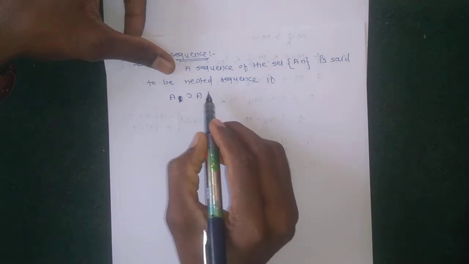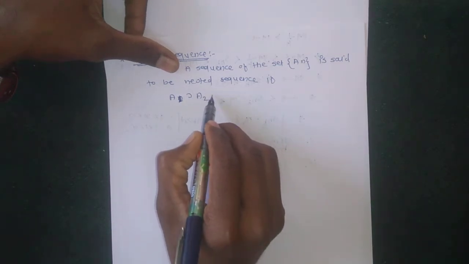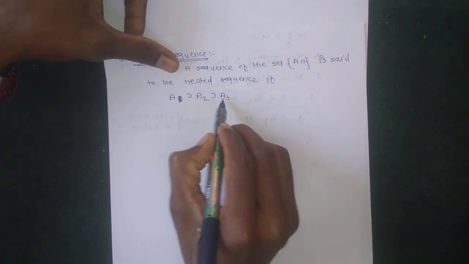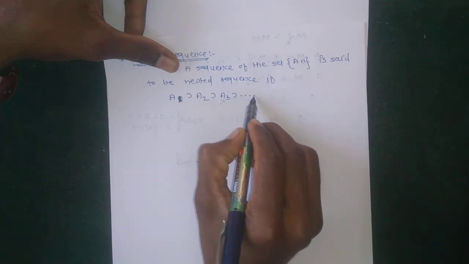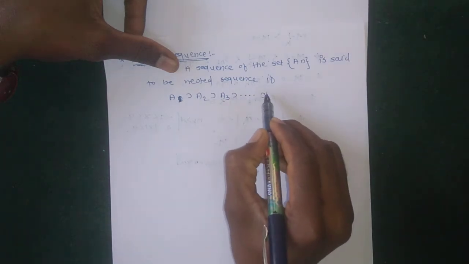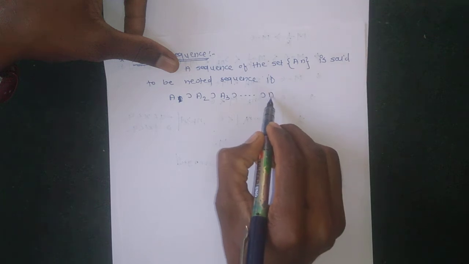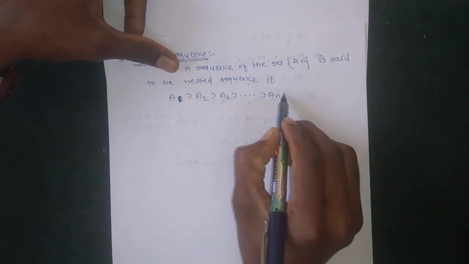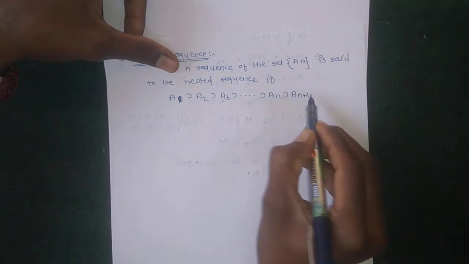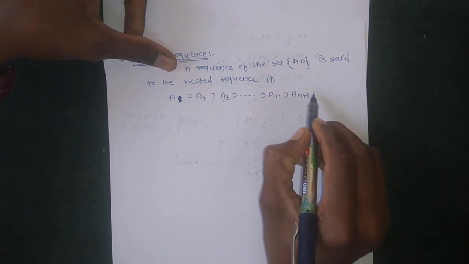A1 contains A2 contains A3 contains up to so on, An which contains An plus 1 which contains up to so on.